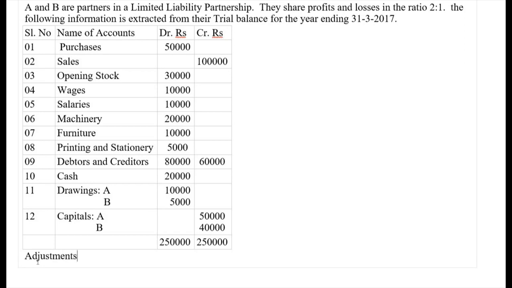So adjustments: outstanding wages rupees 5,000, depreciate machinery and furniture at 10%.